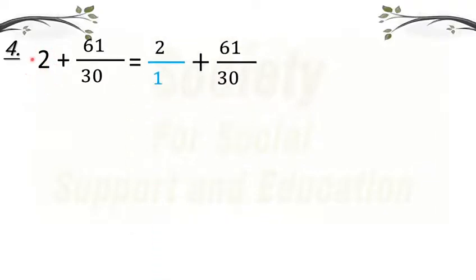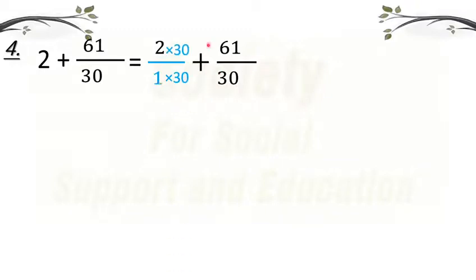Now exercise number 4. 2 plus 61 over 30. When I have a natural number, I have to convert it to a fraction. 2 over 1 plus 61 over 30. Now here I have denominator 1. I can multiply it by 30 to obtain the same denominator.